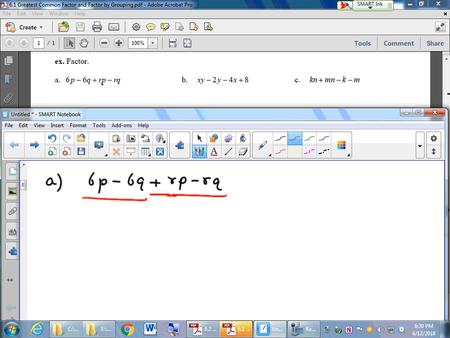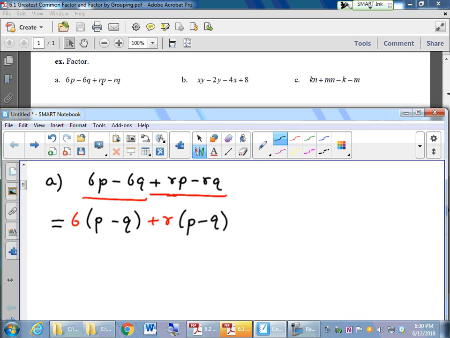From the first group I factor out the greatest common factor, which is 6, and what is left over is p minus q. On the second group I will factor out a positive r, and that will leave p minus q also.